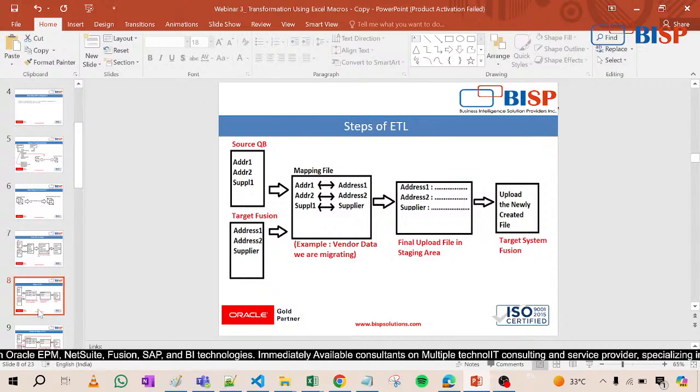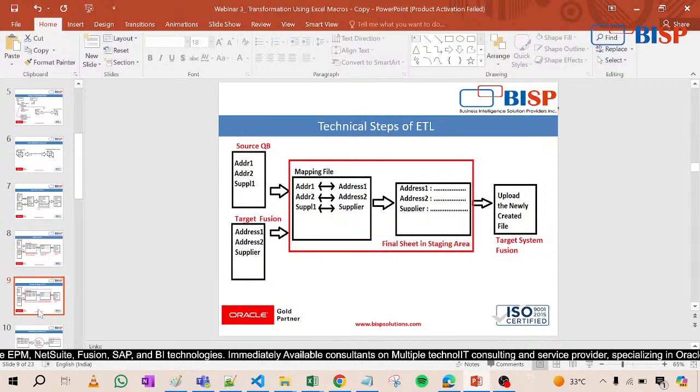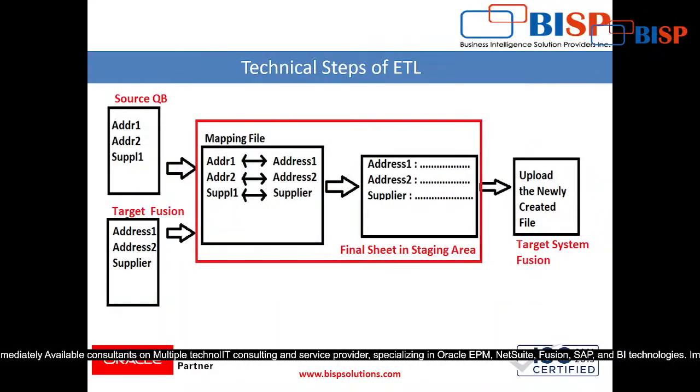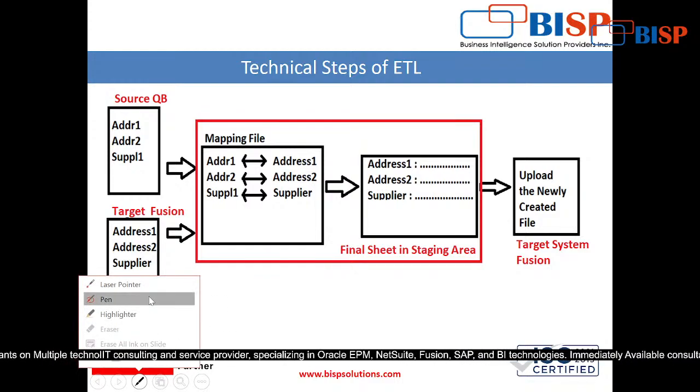Now let me show you this also. If you see here in this image, you can see here source QB, and here below is the target Fusion. Okay, let's take a pen.